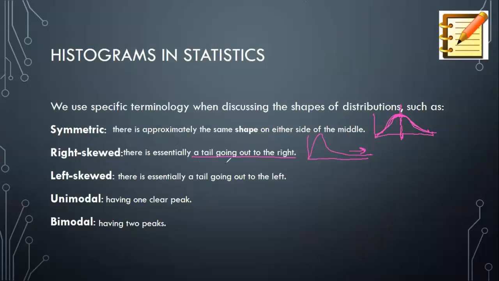So the right skewed is when you have your tail to the right. Left skewed is when you have your tail going out to the left, which means your peak happens on the right and your tail is going out to the left. So right skew and left skew don't have to do with the max. They have to do with which direction your tail is moving in.